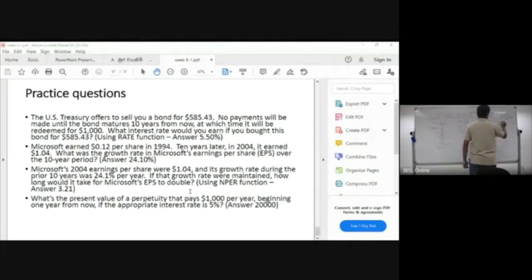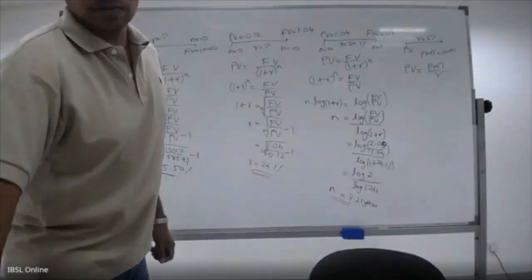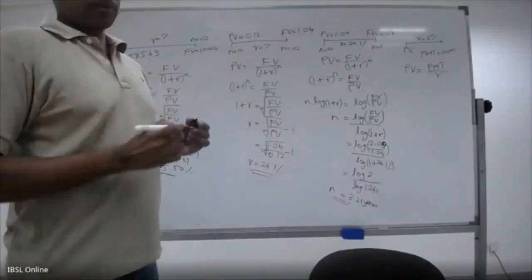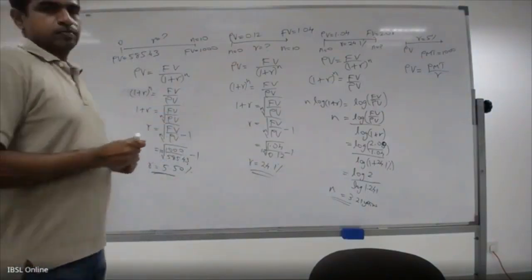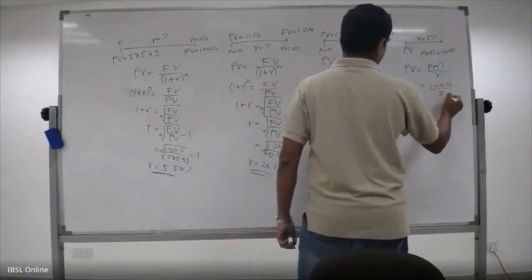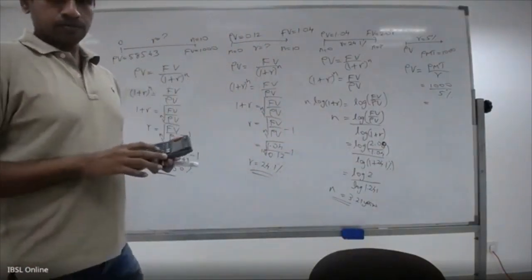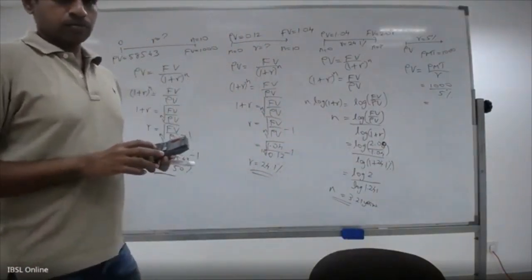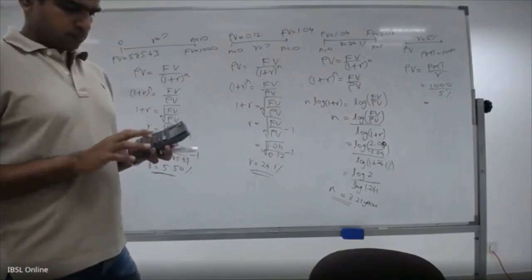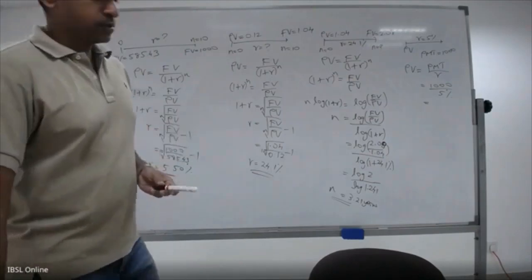The present value of a perpetuity is very simple. It is the payment divided by the interest rate. Remember? Payment, in this case, is 1,000 divided by the interest rate of 5%. That is $20,000.